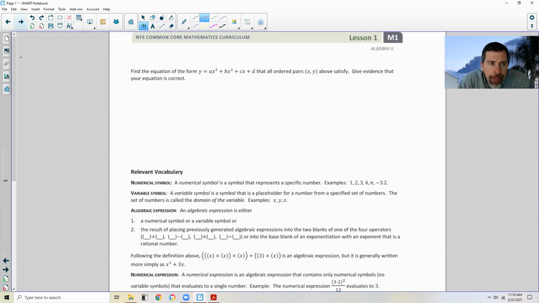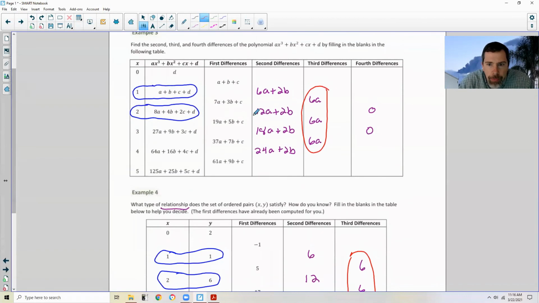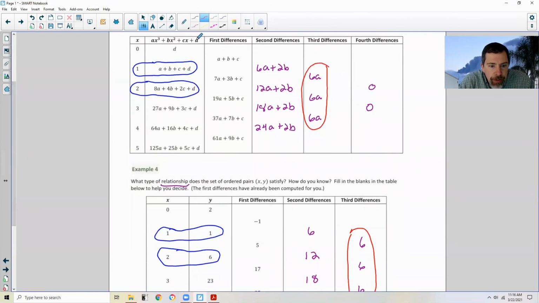Well, if you go back to this page here, our third difference is 6a, 6a, 6a when we do it in standard form. But then we were given a set of values, 0, 2, 1, 1, 2, 6, and our third difference became 6. So we can set our third difference equal to our third difference to find our a.